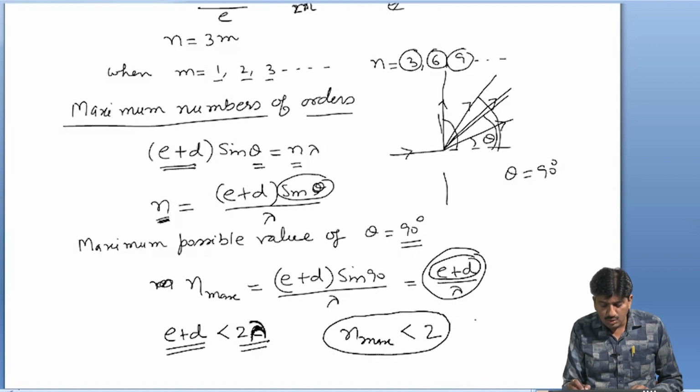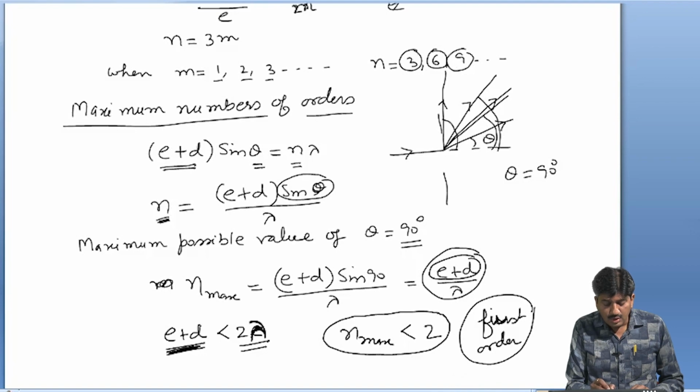Less than 2 means only the first order is visible. When we use a grating having grating element less than 2 lambda, then only the first order is visible for normal incidence. That is the maximum number of orders.